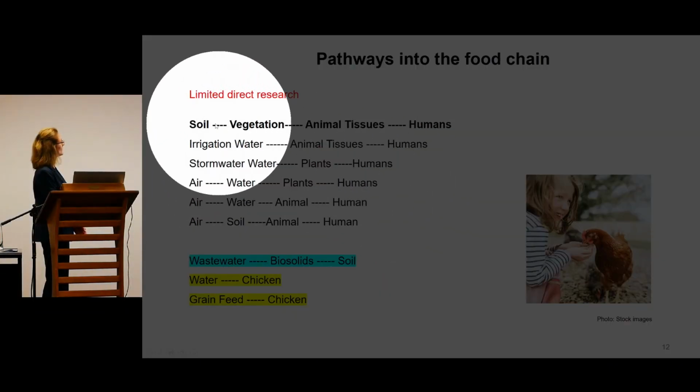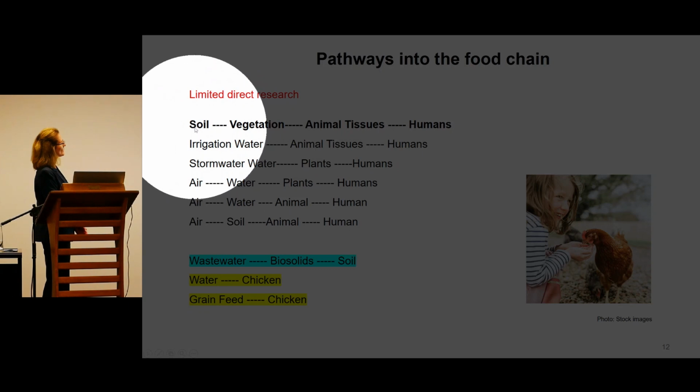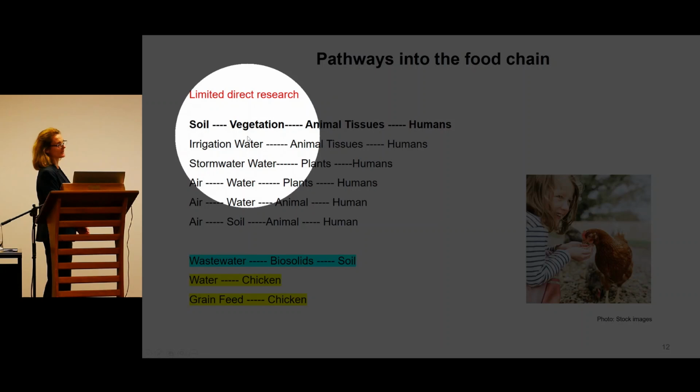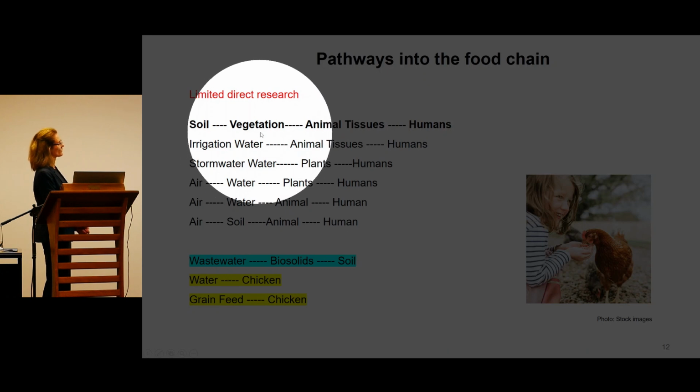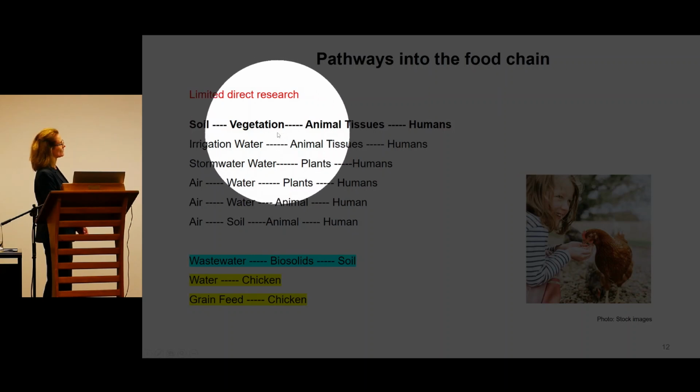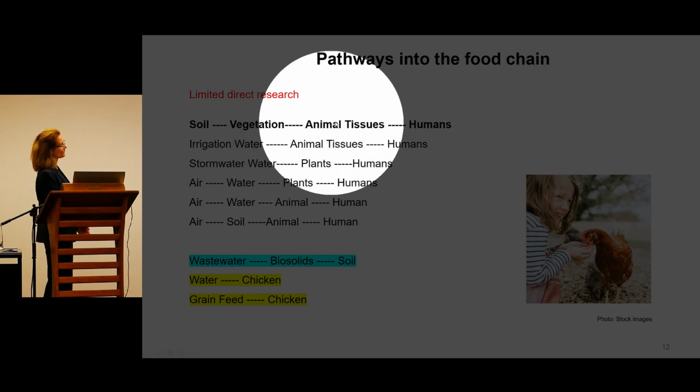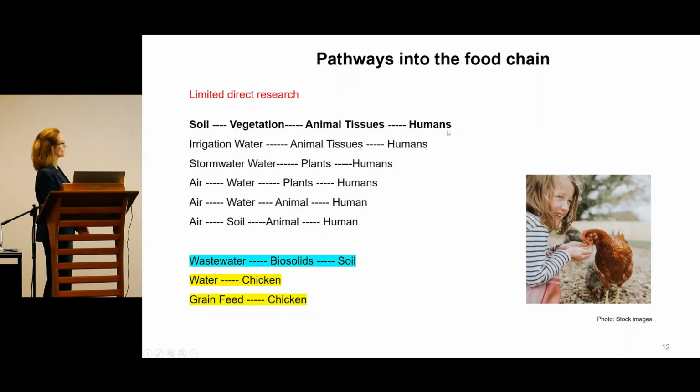Microplastic particles in soil will then potentially be taken up by plants, and there is some research that has shown that plants are taking up particles into the leaves and edible parts of the plant. Then these plants are eaten by animals and obviously then consumed by humans. There are lots of potential pathways into the food chain.